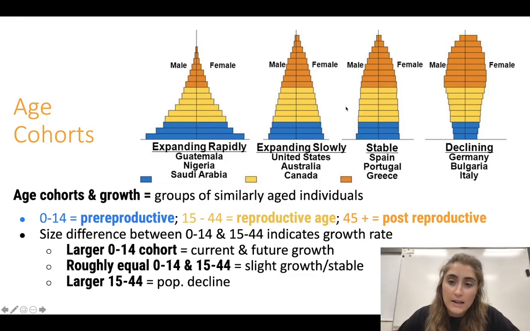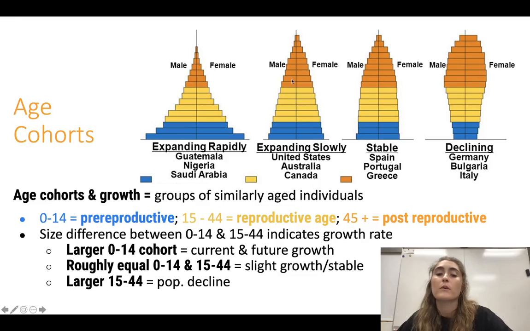Now here we see the yellow band and the blue band pretty similar to each other. This one definitely has a slightly larger base than this one. This one is indicative of a growing population, but much more slowly. Because this is larger, you are going to see a larger reproductive age at some point, which means they could have offspring, but it's unlikely that it's ever going to be really drastic.